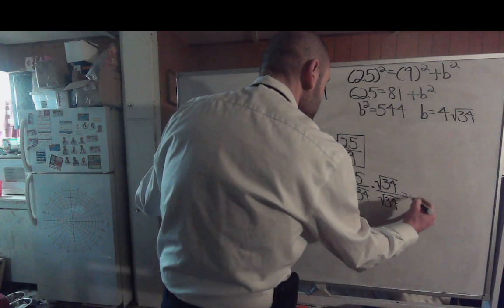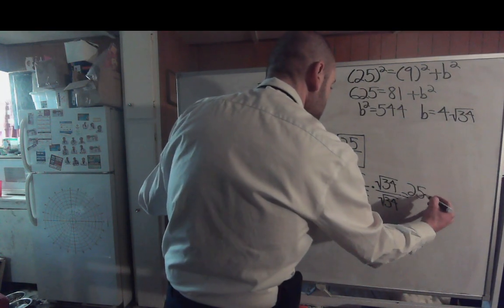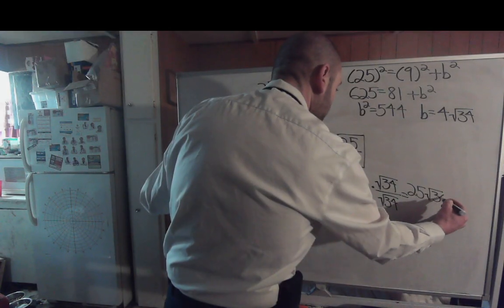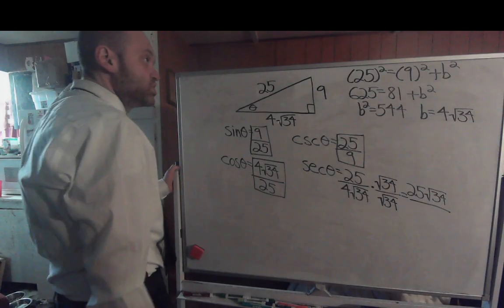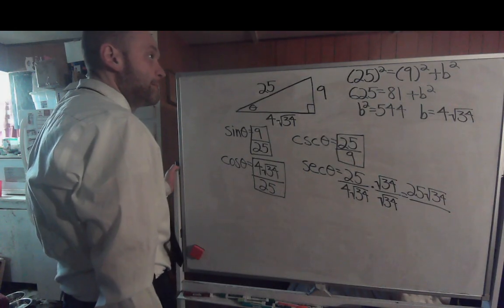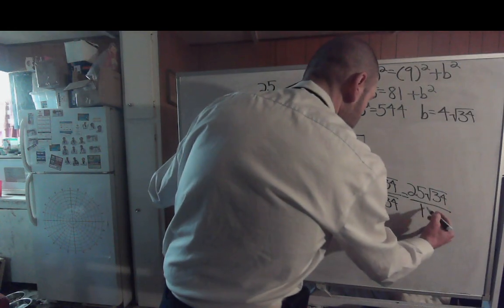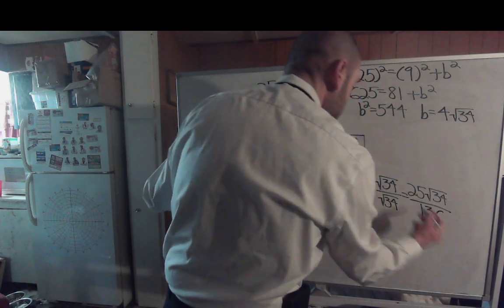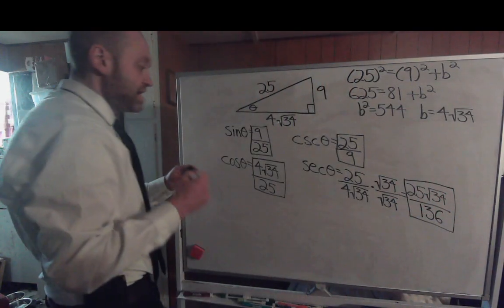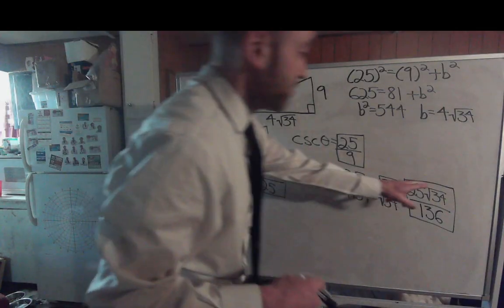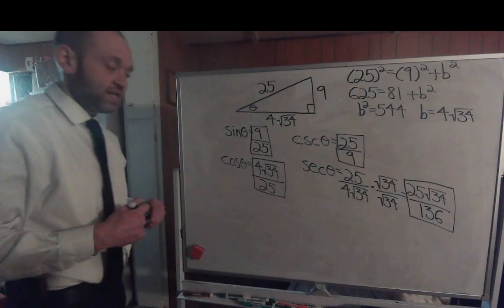So this turns into 25 times the square root of 34 all over 4 times 34, which is going to be 136. So the secant of theta equals 25 times the square root of 34 over 136.